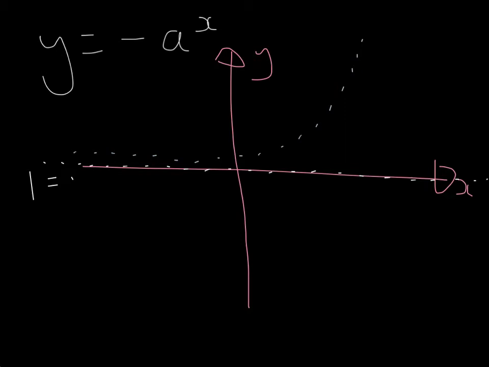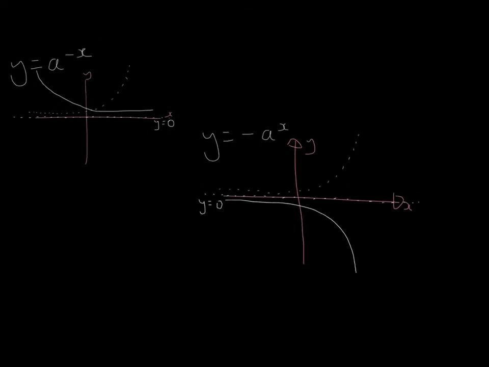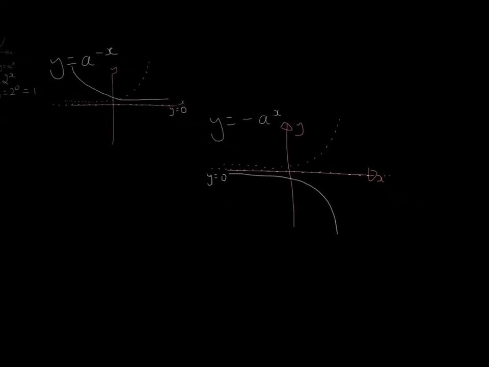Our new graph from this equation, like I said before, because the negative is before the a, we're going to reflect it about the x-axis, so it's going to look like so. Okay, it's just a mirror image. And if we compare the two reflections, when I reflect it about the y-axis, I have a negative in front of the x, and it's a mirror image in the y-axis.